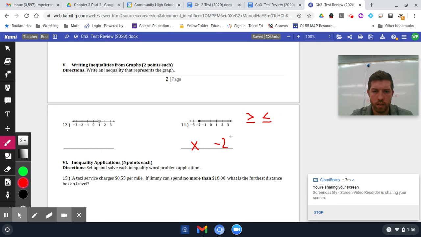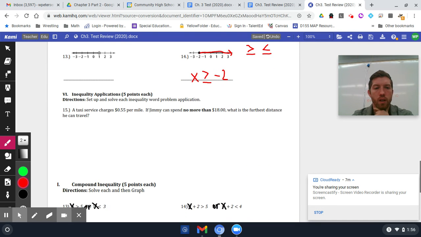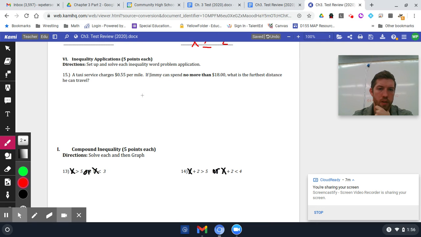We always know that. But we want x to be greater than. Notice it's going to the larger numbers. So we want x to be greater than or equal to -2. So we ended up using this symbol because we wanted x to be greater than or equal to -2. There we go.